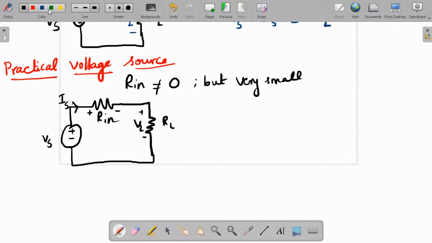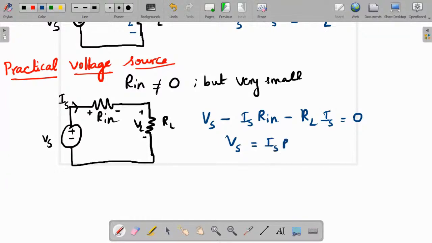So the loop equation will be: Vs minus Is into Rin minus RL into Is is equal to 0. So what is Vs? Vs becomes Is into Rin plus Is into RL, and Is into RL is nothing but VL.